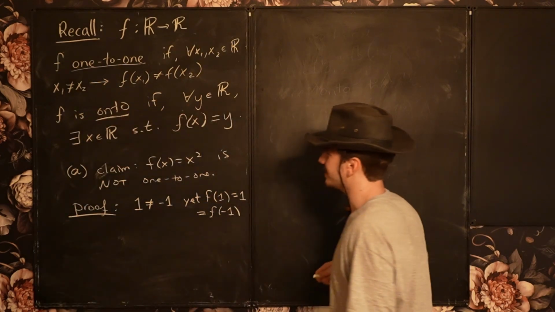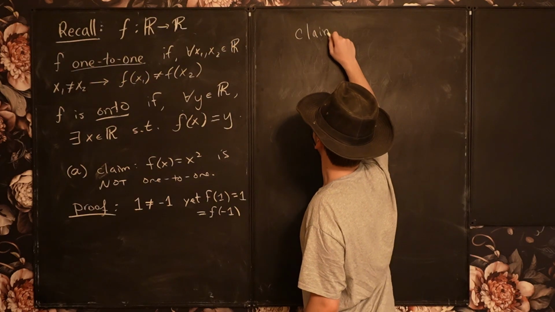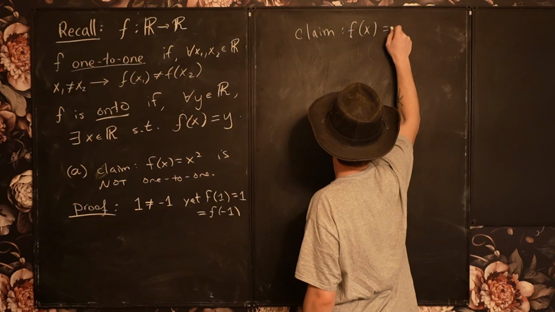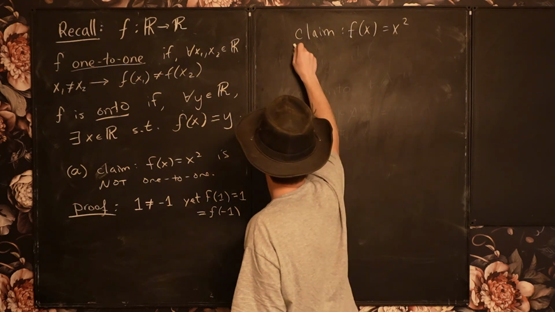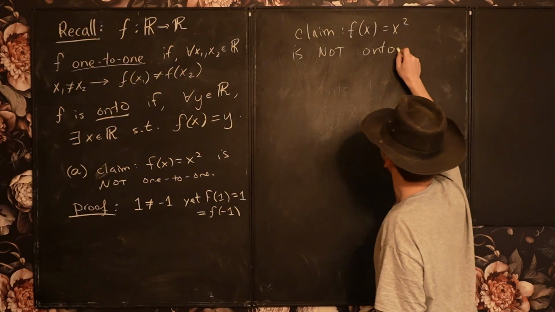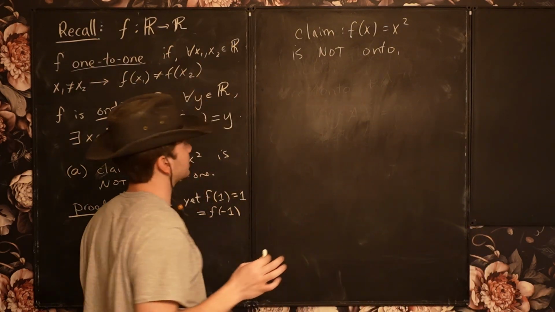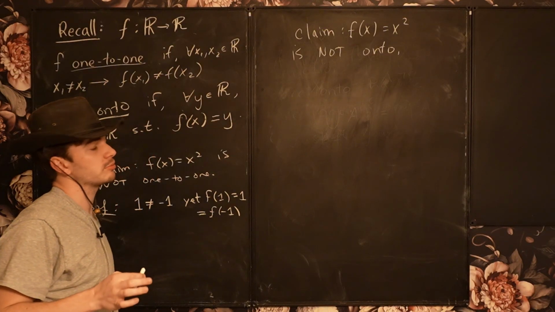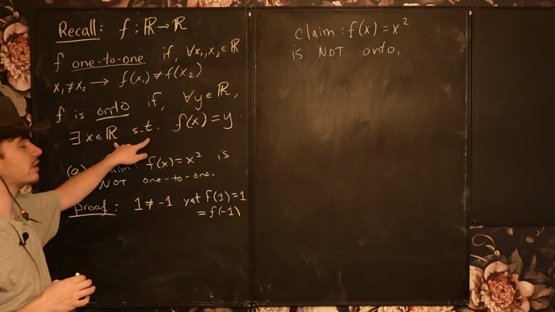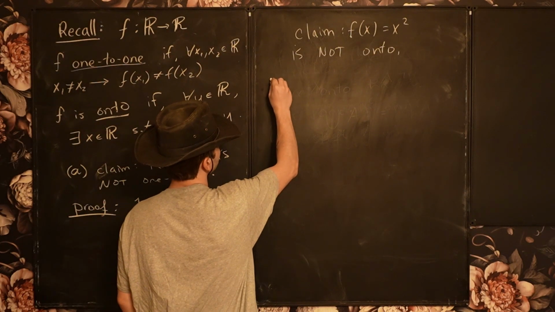So let's start here. The claim is that f of x equals x squared is not onto. Now, instead of really thinking deeply about how to prove this rigorously, I'm just going to take the logical quantifier for what it means to be onto, and I'm going to negate that. So we need to show the following statement.